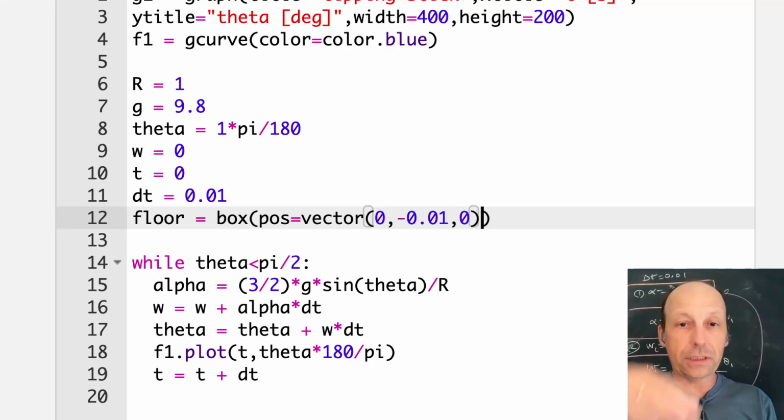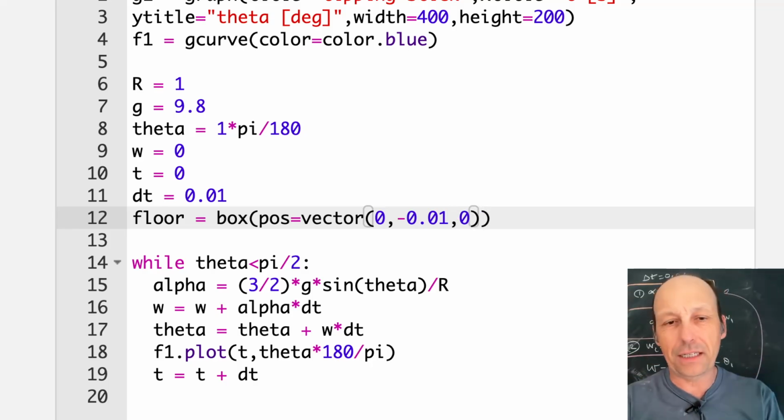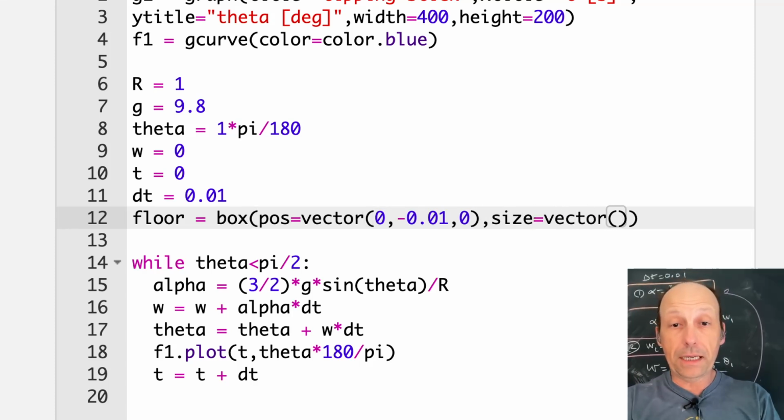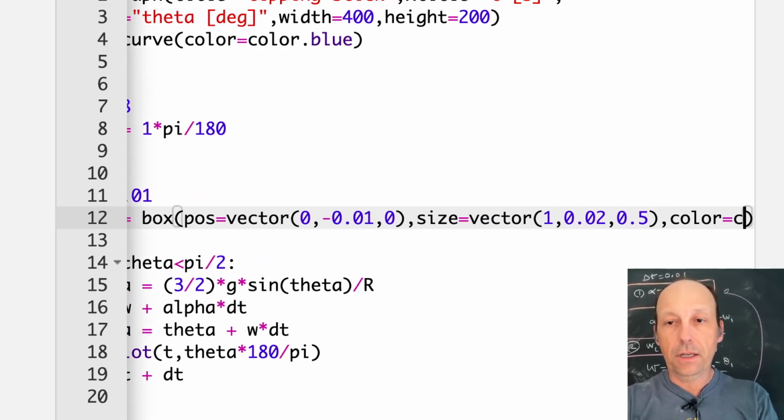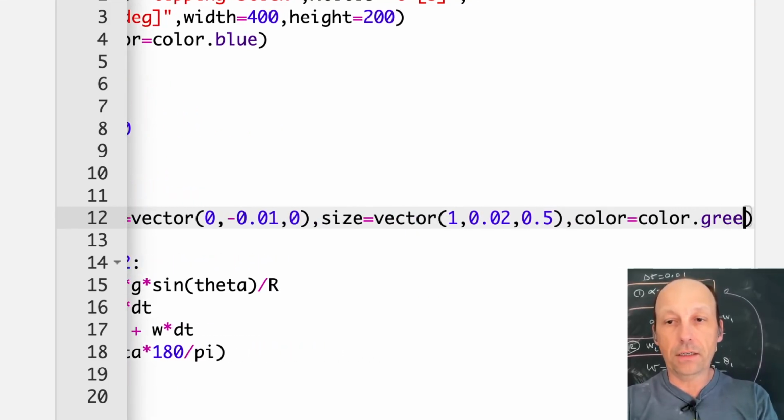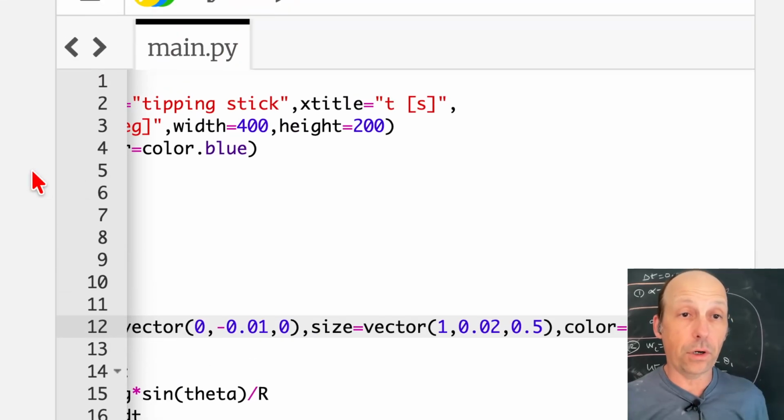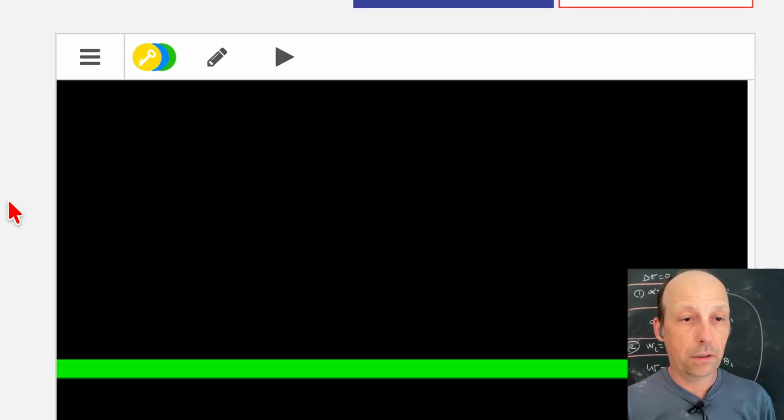So the top of the floor is at y equals 0. This makes it a little bit easier. And then the size is a vector. Let's make it 1 by 0.02 by 0.5. And let's make it green. Color equals color.green. And let's run it. That's just going to have a floor. There's my floor.